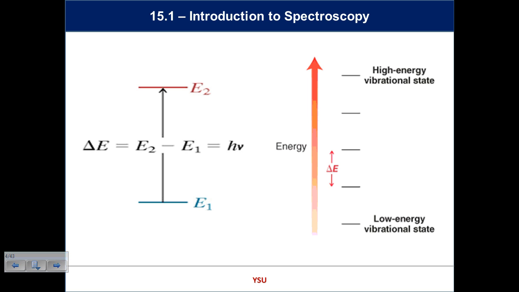Or we can talk about that in general, saying E1 and E2: low energy, high energy. Without too much physics, you can promote systems from low energy to high energy by putting energy in, and you can make them go from one to the other. On the right-hand side, it's a bit more complicated, in which it's not simply E1 and E2. You have a bunch of different states that you can go between. If you're interested in that, maybe physical chemistry in the future, engineers, PChem, you'll love it.